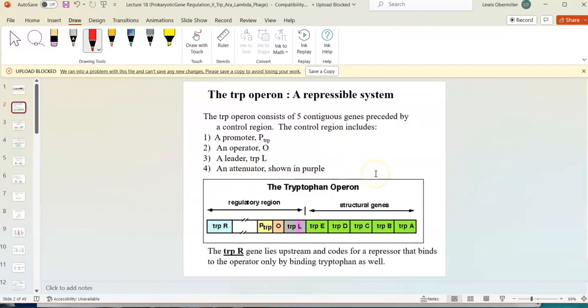Okay, so the next thing we're going to talk about is the tryptophan operon. So in lactose, it's an inducible system, right? You don't want to turn on the genes to break down lactose unless lactose is present. So lactose is what we call an effector because it affects the gene.